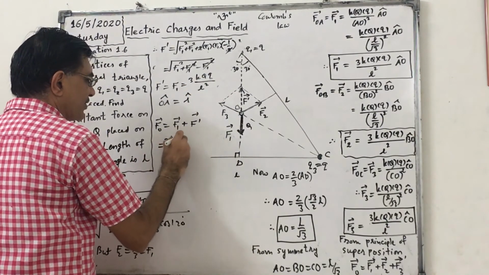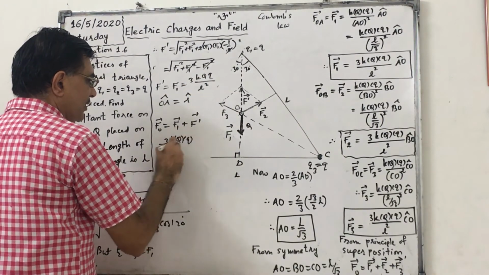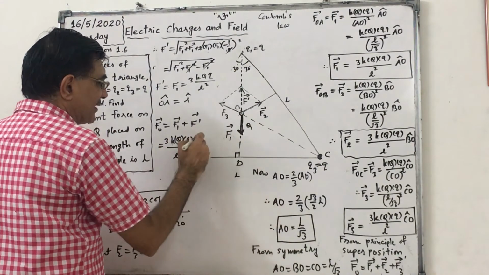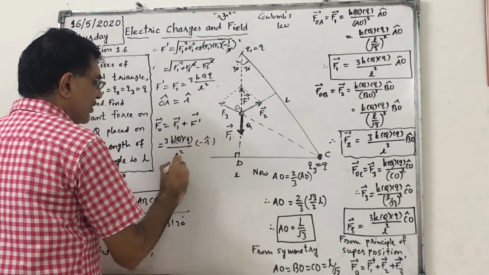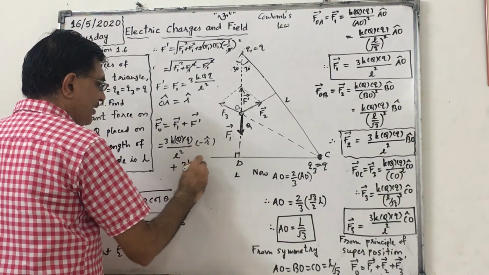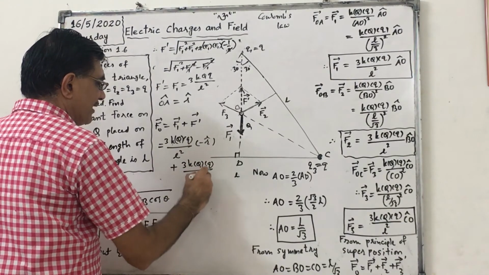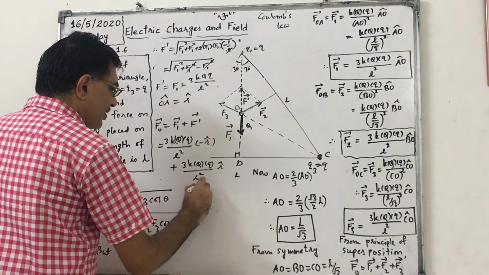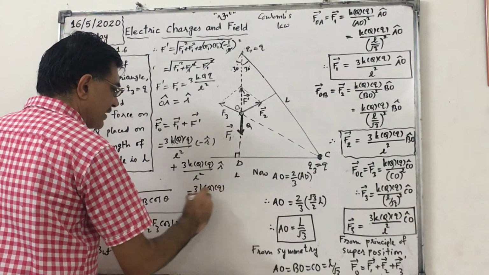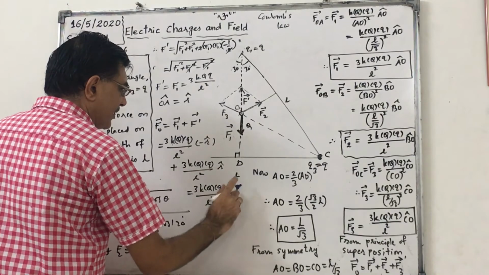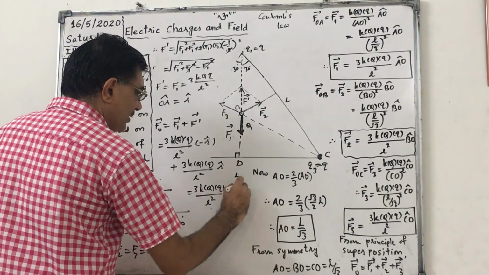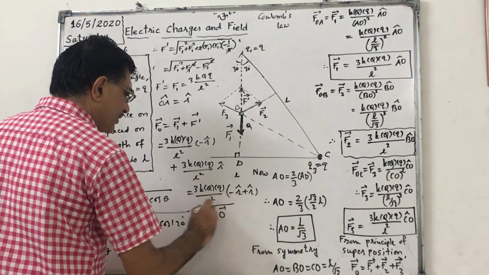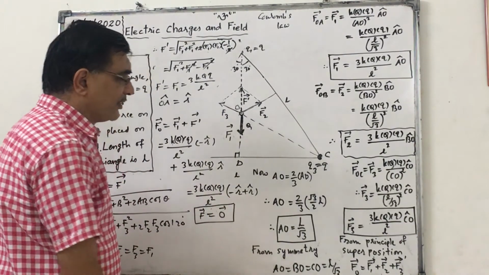Since I have given this direction as r cap, this is minus r cap, plus F dash, which is 3 K Q q upon l square, and this direction is plus r cap. So finally 3 K Q q upon l square is common, in brackets minus r cap plus r cap, and that is 0. You can also write the unit if you are given numerical data.